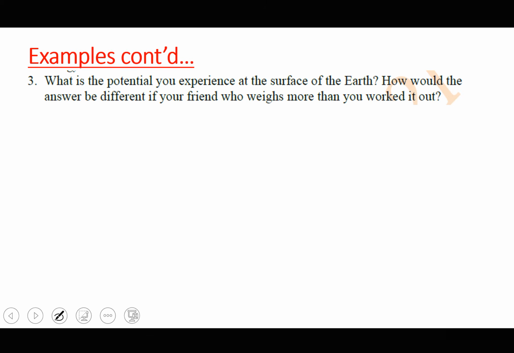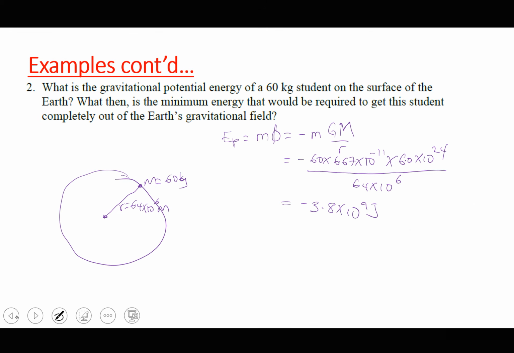Number 3, what is the potential? Oh, I think there was another part of the question. I didn't notice it. What then is the minimum energy that would be required to get this student completely out of the Earth's gravitational field? I think I've mentioned the minimum energy will be 3.8 times 10 power 9 joules to reach infinity, because at infinity potential energy is 0.